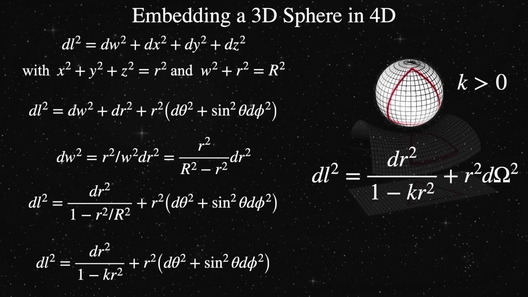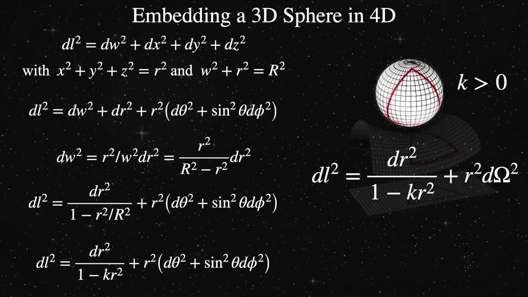If we take the differential of our restriction condition and square it, we get dw squared equals r squared dr squared over w squared. This leaves us with dw converted into little r, scaled by the restriction constant big R. Plugging this dr back into the 4D spatial metric and simplifying with a tiny bit of algebra gives us a new form of the metric. We can then define k to be the inverse of big R squared.